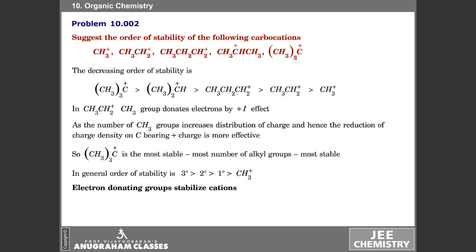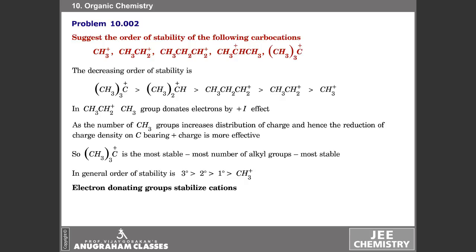A group that is more electronegative draws electrons away and tends to become negative. This group is said to exhibit a -I effect. A group that donates electrons tends to become positive, and therefore it is said to exhibit a +I effect.